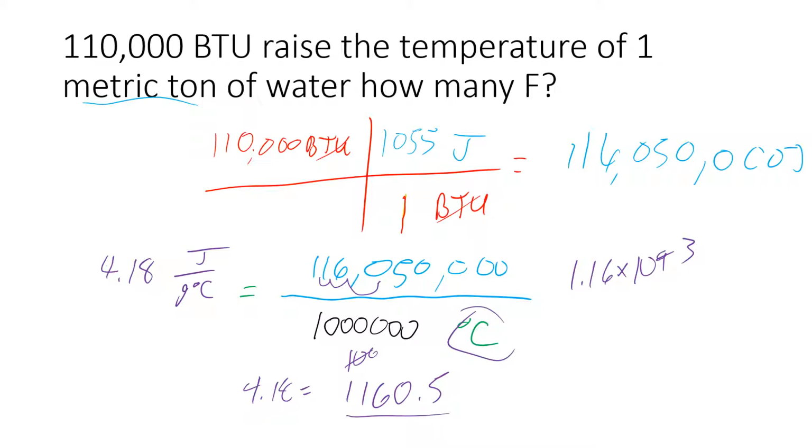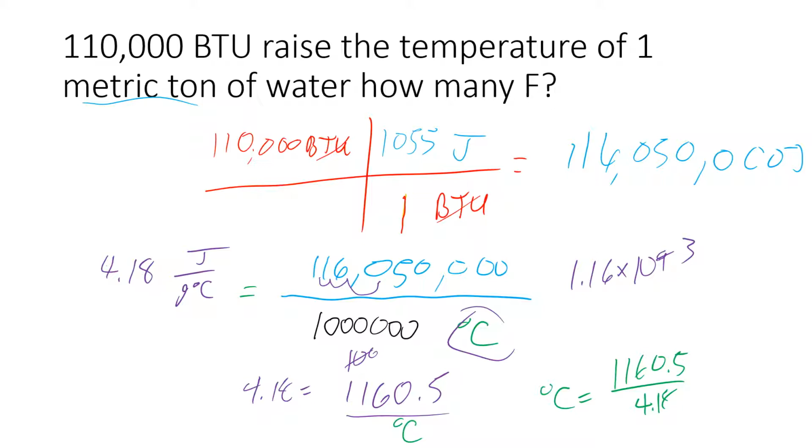So that's divided by degrees Celsius. So we got to multiply degrees Celsius there and divide that by that. So the degrees Celsius is equal to 1160.5 divided by 4.18. That should be your degrees Celsius, I believe.